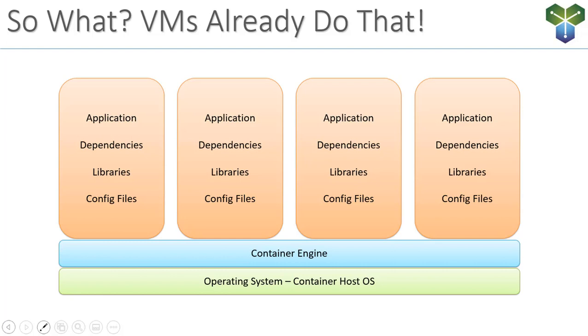But we do need the right operating system underneath the surface. We do need a compatible operating system in order to do this. So we're going to call this the container host operating system, or the container host OS. We need a registry where developers can put their applications.